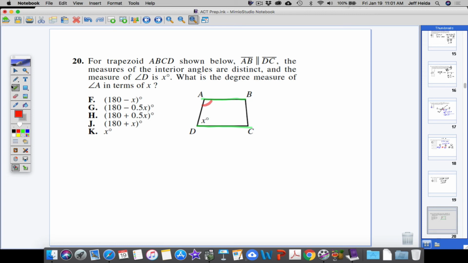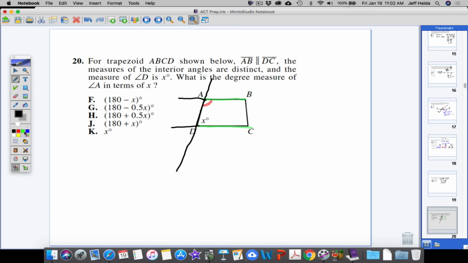Now, an interesting thing about trapezoids is since these two lines are parallel, this side can effectively be a line intersecting parallel lines. And if that's the case, the interior angles add up to be 180.